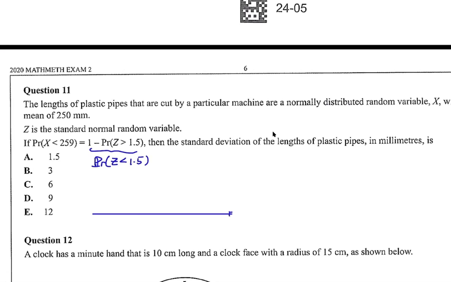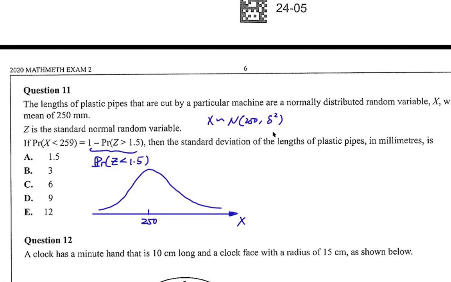Draw a normal distribution diagram. This is x. 250 is in the middle. And X is a normal distribution with mean 250 and standard deviation unknown, so the variance is sigma squared.